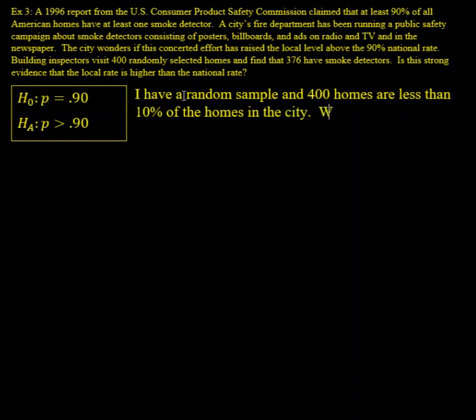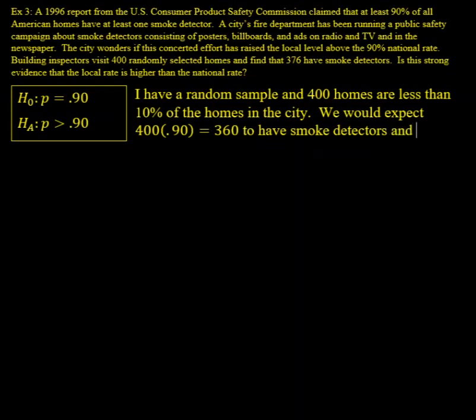We would expect 400 times 0.9, which is 360, homes to have smoke detectors, and 400 times 0.10, which equals 40, homes to not have smoke detectors.